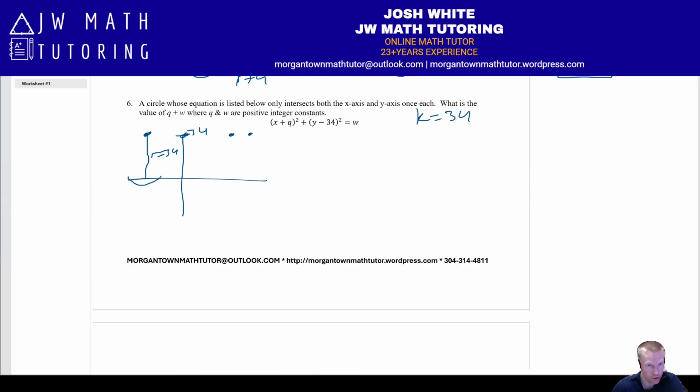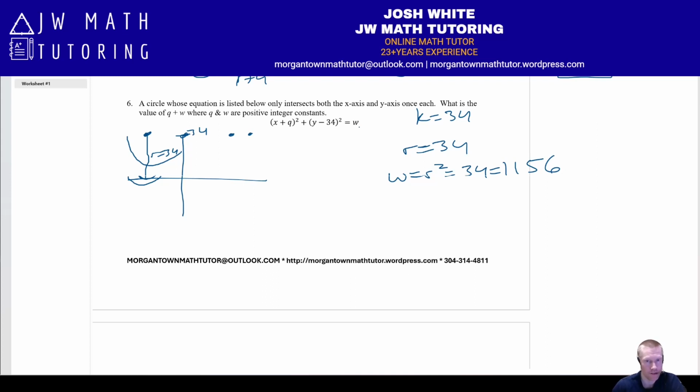If it's less than 34, it wouldn't touch at all. But to be tangent to it, the distance here, which is 34 units because the k value is 34, has to be equal to the radius. So that tells us the radius is 34, which also means that w, which is r squared, is just equal to 34 squared. 34 squared is 1156.